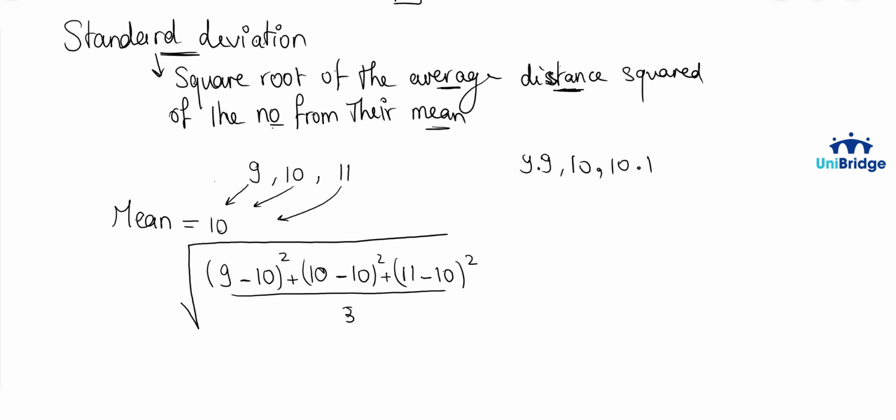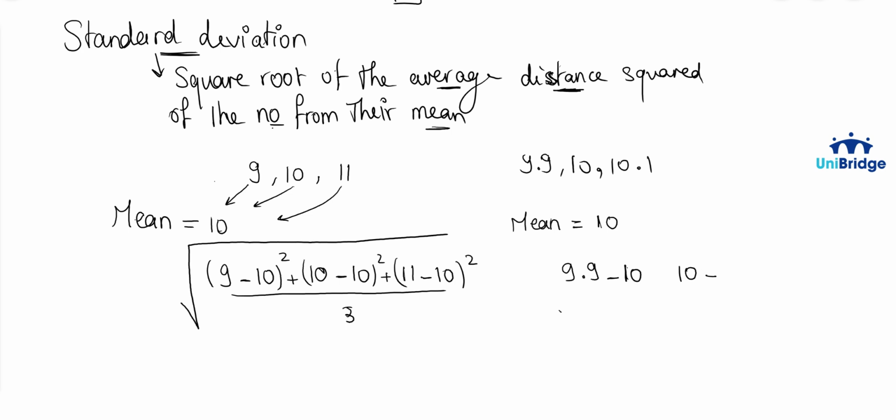Let's try another one, and we'll talk more about the interpretation of the standard deviation. So first, again, it's the distance squared between each number and the average. You need to get the average first to calculate the standard deviation. The average of these 3 numbers is going to be 10 as well. And now you see each number, how far is it from the 10?